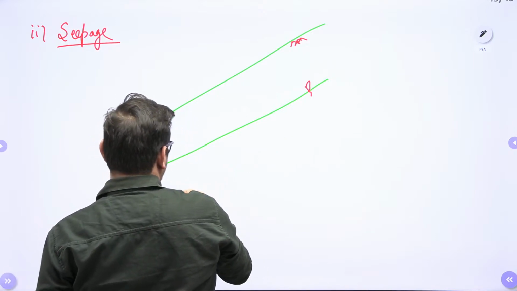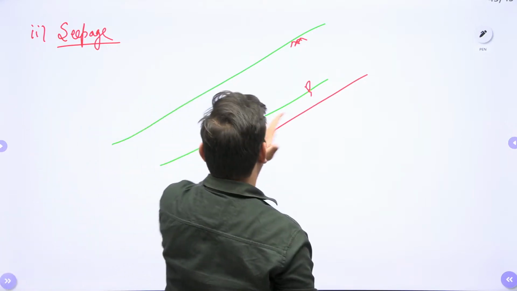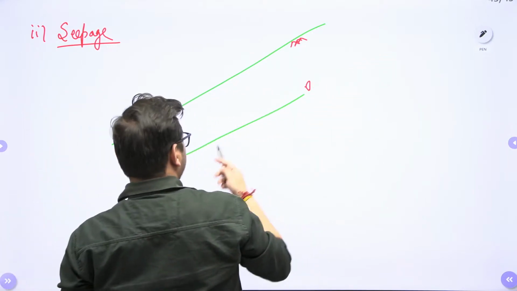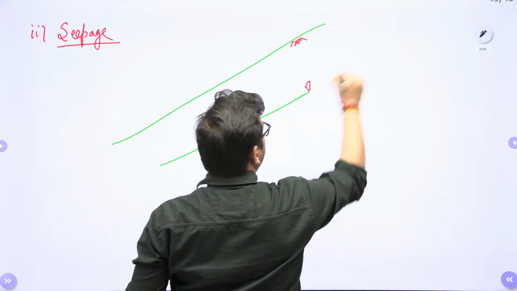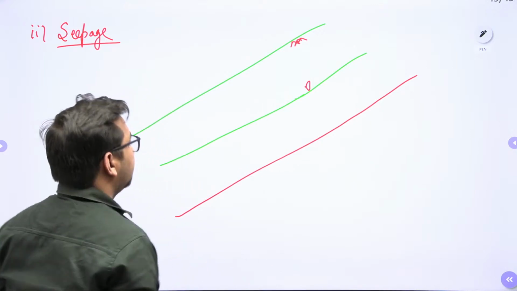All are parallel, right? I'll just draw it so that it will look like a parallel line. Clear? So this is your failure plane.